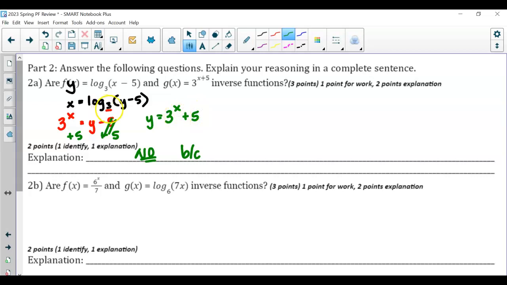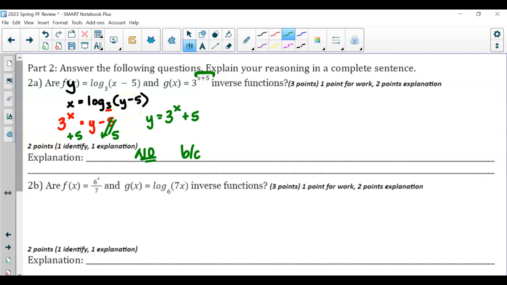Well, keep in mind here, when we were doing our inverse operation, so here after converting to our exponential, if they were inverses, then we would have gotten 3 to the x plus 5, where x plus 5 is the exponent. But notice how it was only 3 to the x was our exponent. Then we added 5 last. So there's multiple ways that you can explain here after converting and using inverse operations.